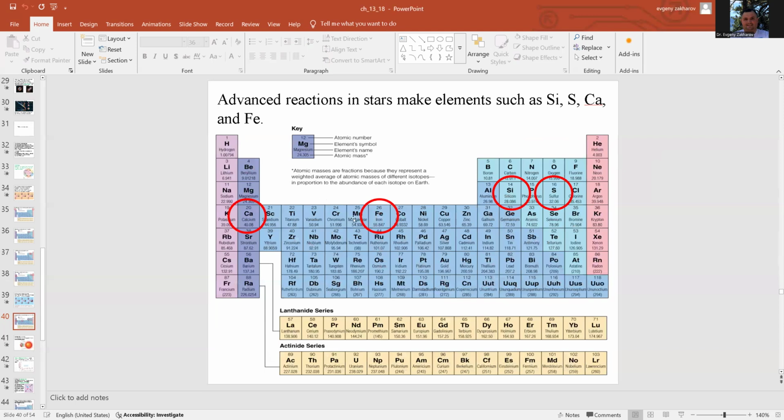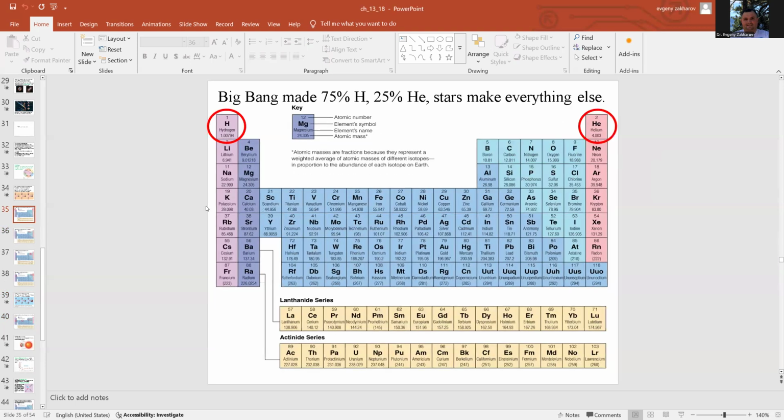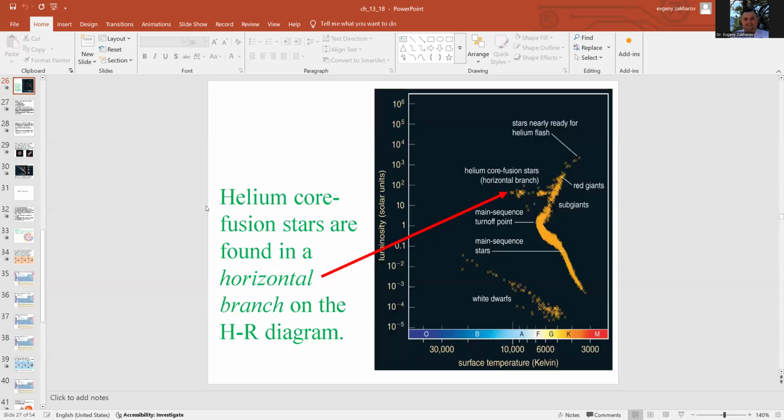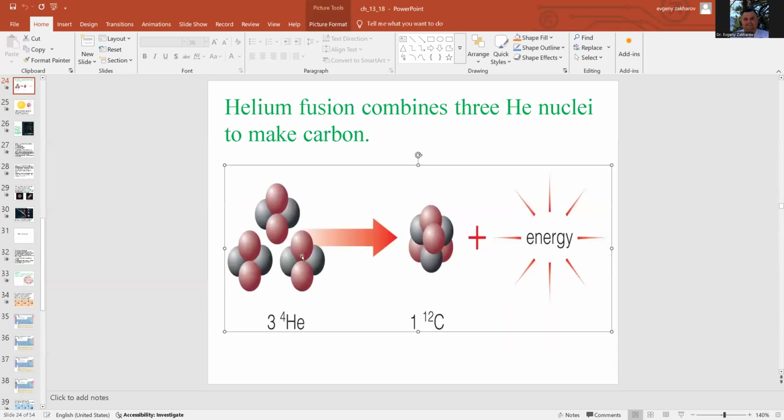Iron is the final level of fusion because iron is an energy consuming reaction. Remember, it was all energy release from the fusion. See, it was something into something plus energy, right?